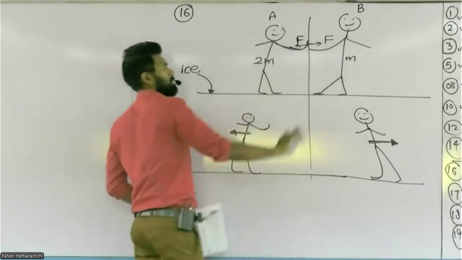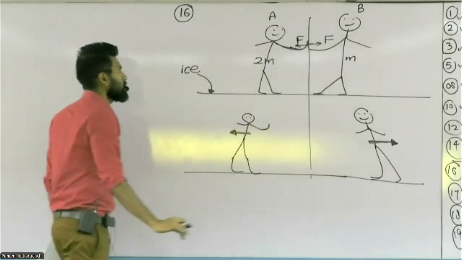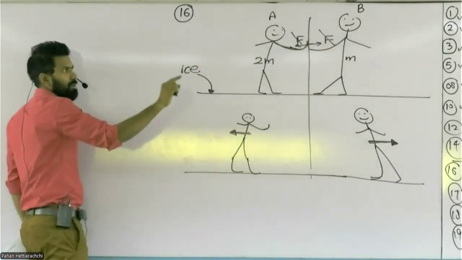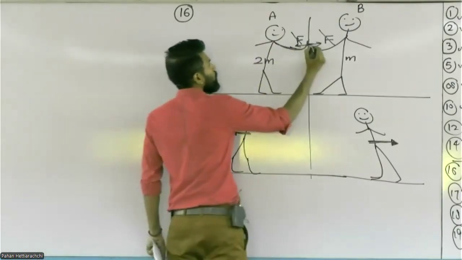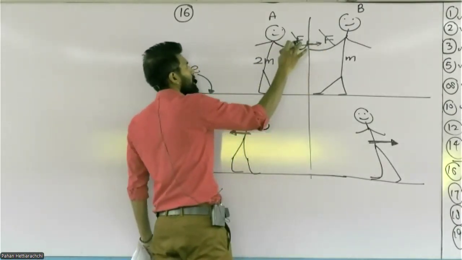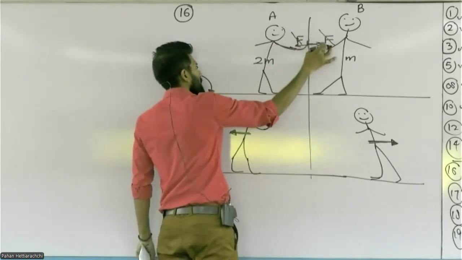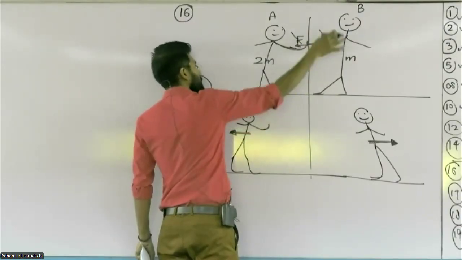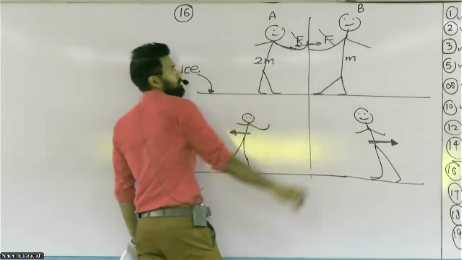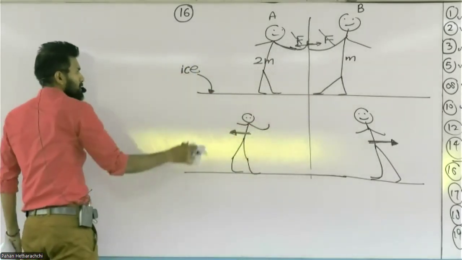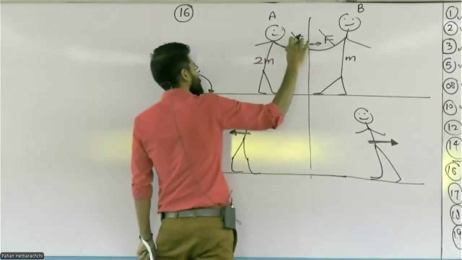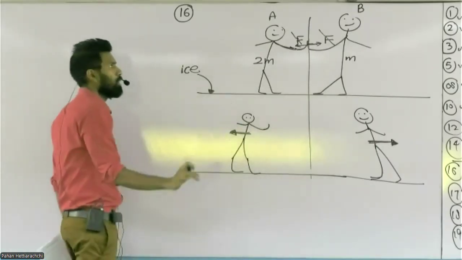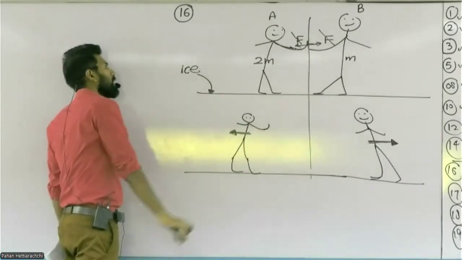So there are two forces, equal and opposite, the force created on B by A and the force created on A by B. When you consider the complete system, they will cancel out. It's an ice surface, no friction. So horizontally, LMC is valid.